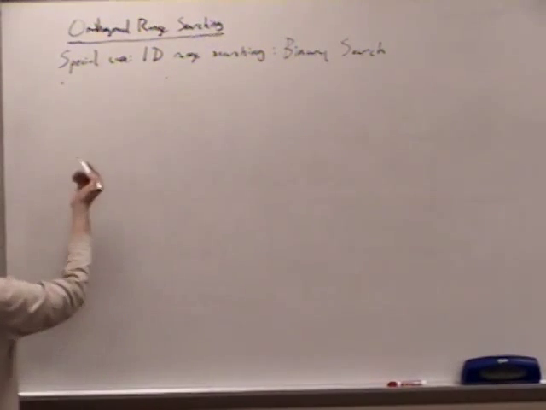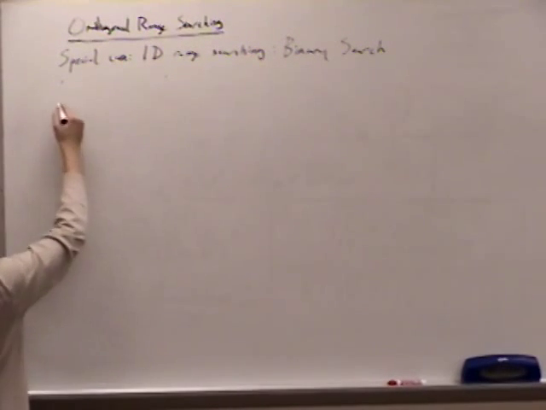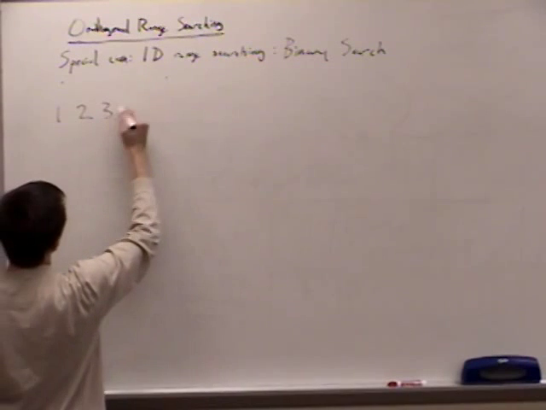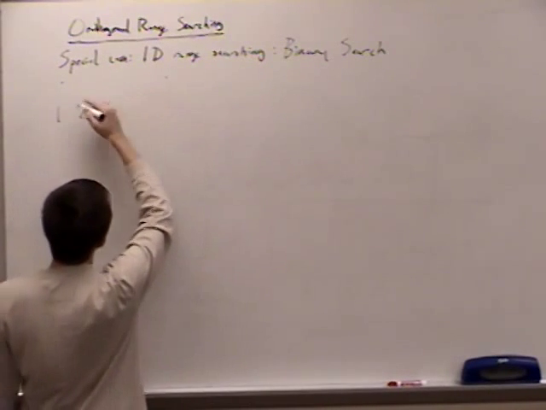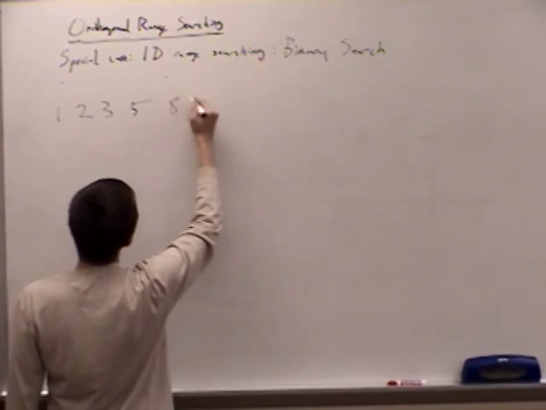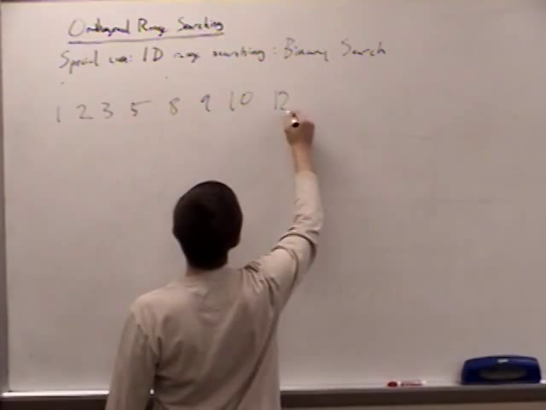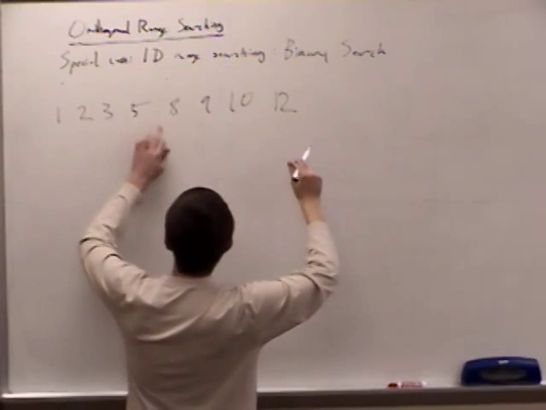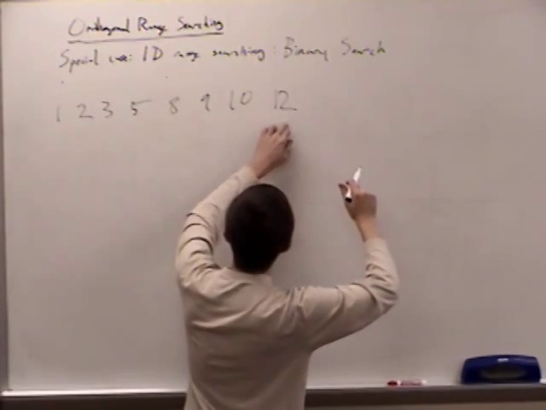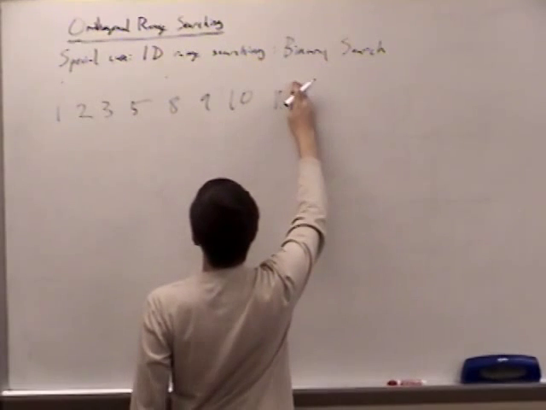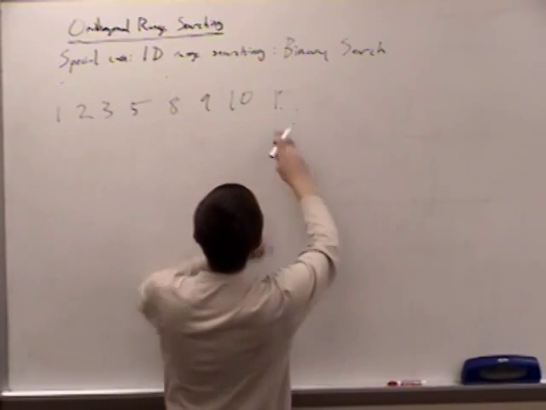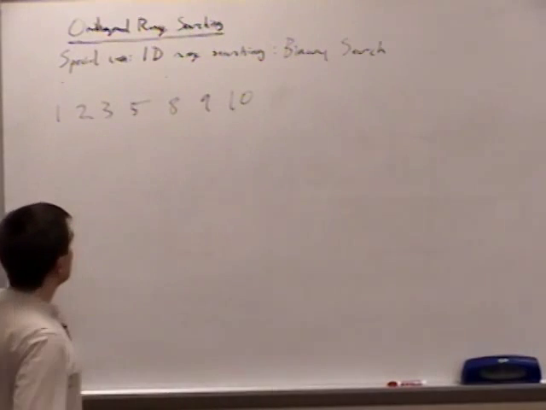So the way we do this in 1D, I'll just write some random list. I don't know. 6, 7, 8, 4, 5. All right, whatever. This will be simple enough.